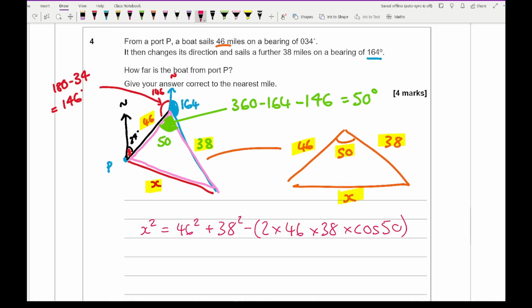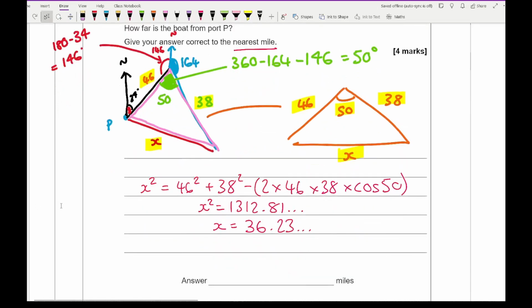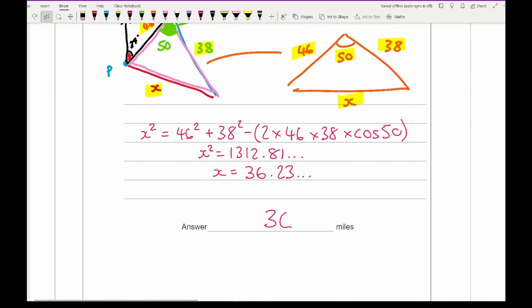Now typing that all into my calculator, I get an answer of x squared equals 1312.81, and then working out x by square rooting that answer, I get an answer of 36.23. Now the question's asked me to round this to the nearest mile, so the answer then is going to be 36 miles.